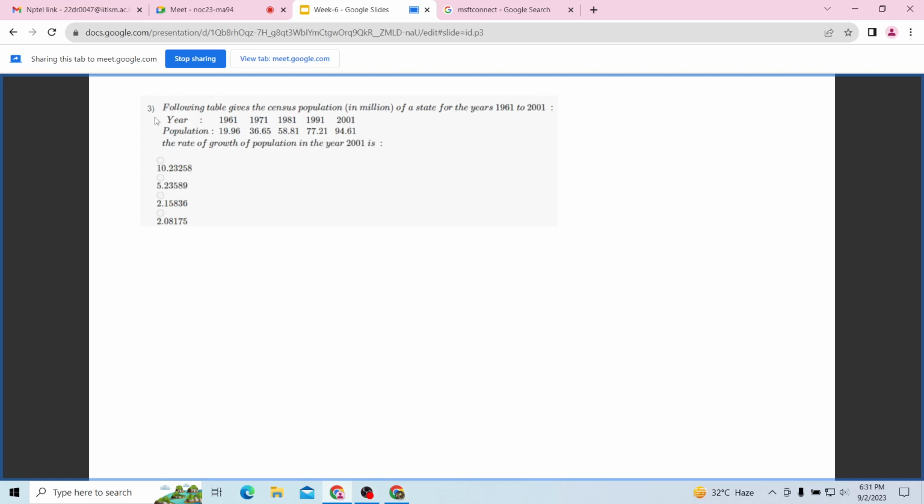Okay, so for the years 1961, 1971, 1981, 1991 and 2001, you have been given the population in millions. So you have to calculate the rate of growth of population in the year 2001. Calculate it, whether it is A, B, C or D. What are you getting for the rate of growth of population in the year 2001?